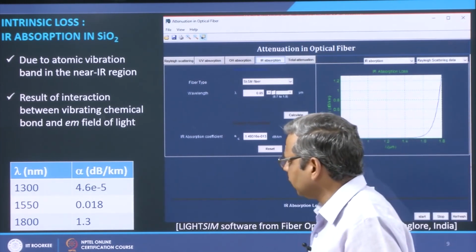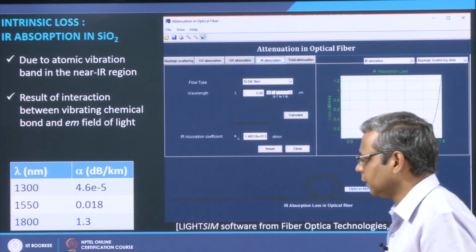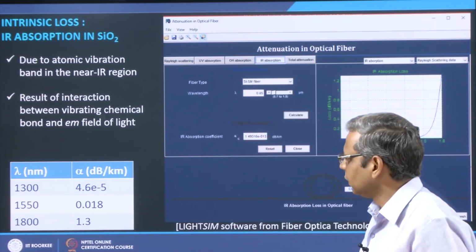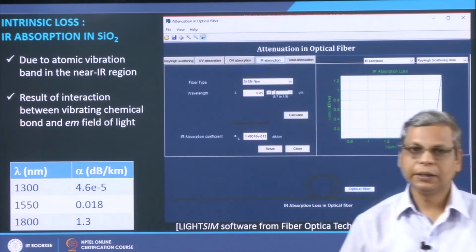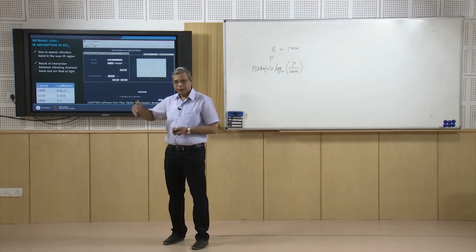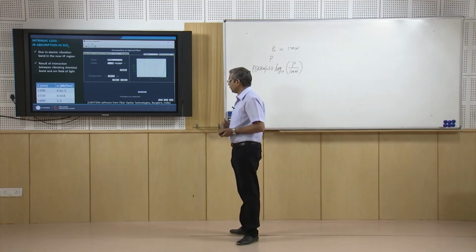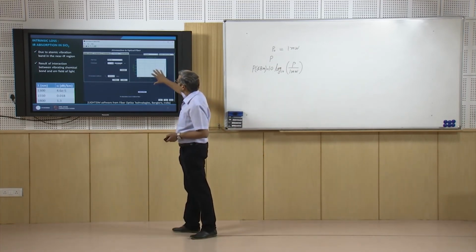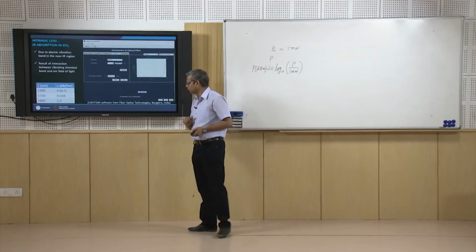At 1550, it is 0.018 dB per kilometer, and as I go towards 2 micron, at 1800 nanometer wavelength, it becomes 1.3 dB per kilometer, and beyond that it further increases. This is the snapshot of a software, LightSim, which is available with Fiber Optica Technologies, Bangalore.